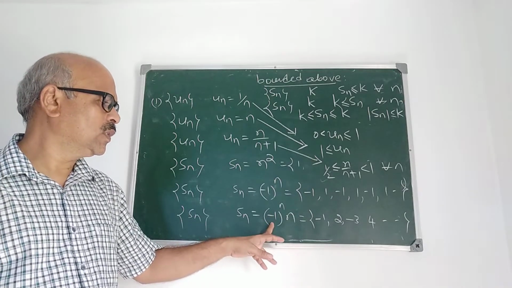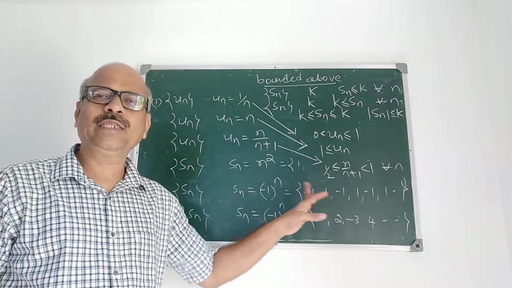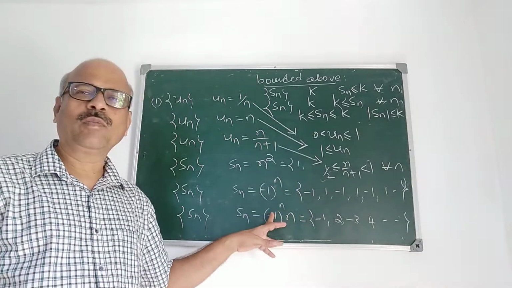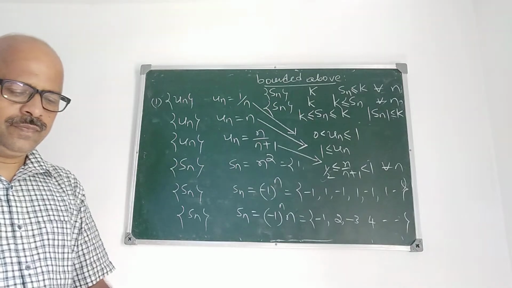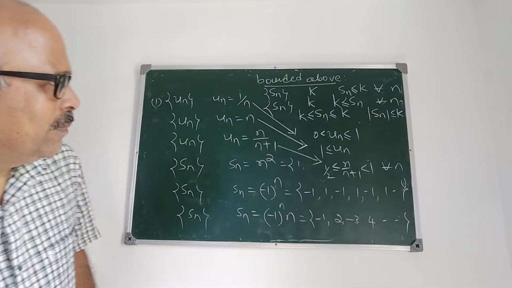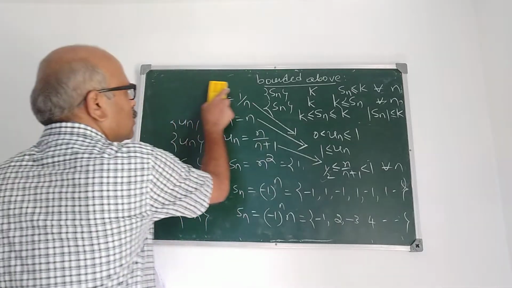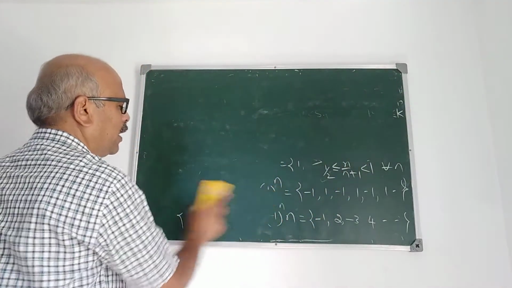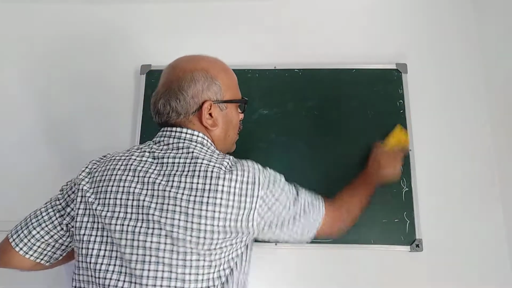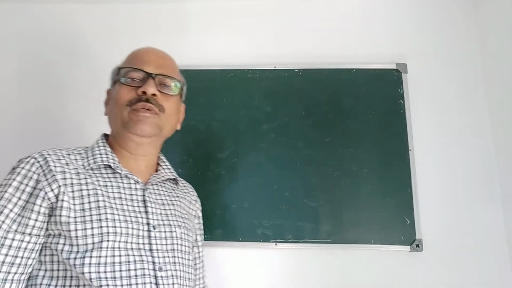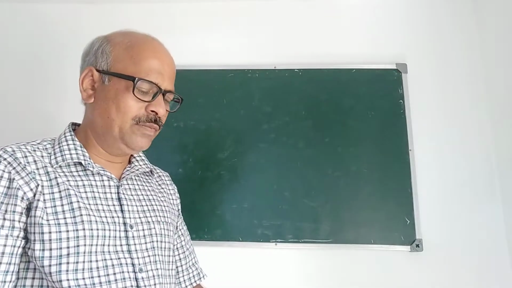This sequence is neither bounded above nor bounded below. These are some examples for sequences, and I think you followed when the sequence is bounded and when it is unbounded. Bounded means it must be bounded above as well as below.